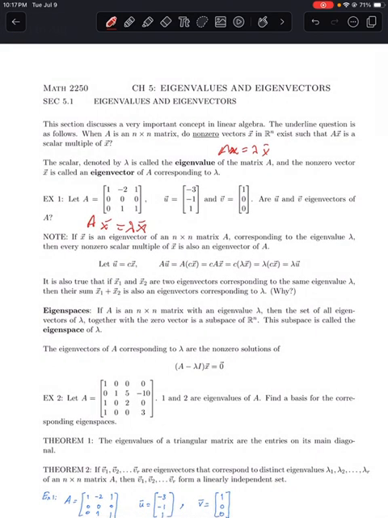We call it lambda. Lambda is called the eigenvalue, and the vector is called the eigenvector.